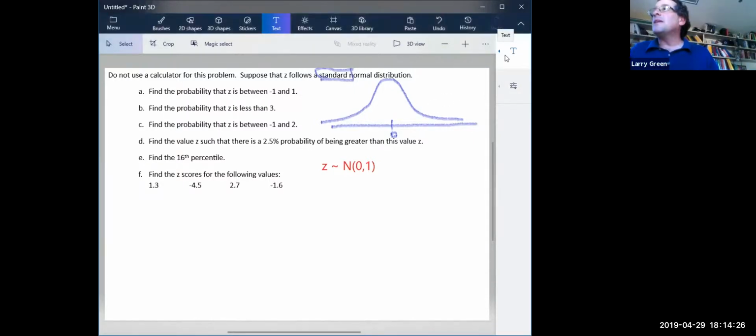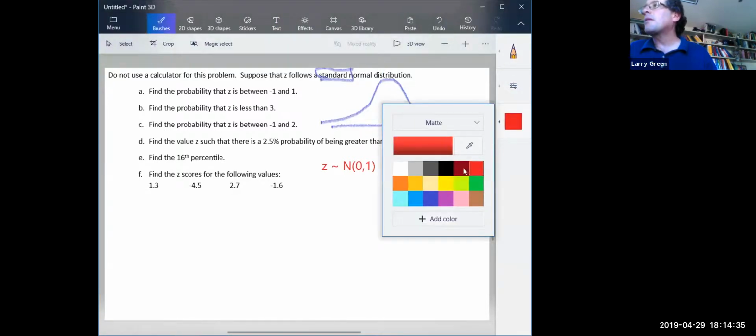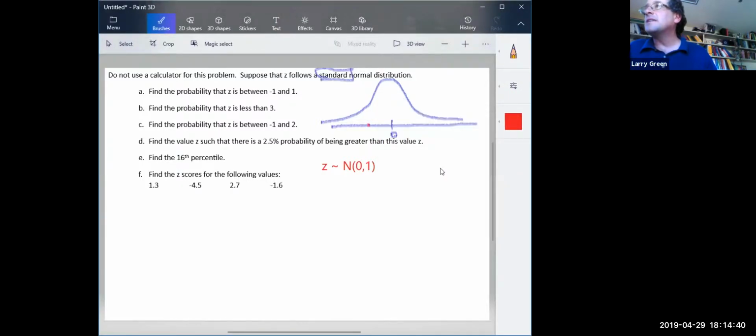Okay, let me give you some more things that we need to know. In this distribution, if you go one standard deviation, which is about there and about there, and you look at the area in between -1 and 1, so z-score is between -1 and 1, then that's about 0.68.